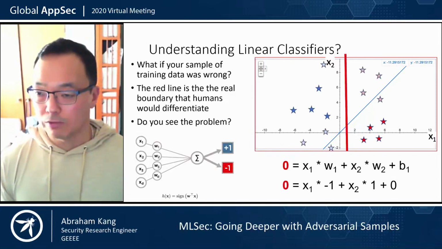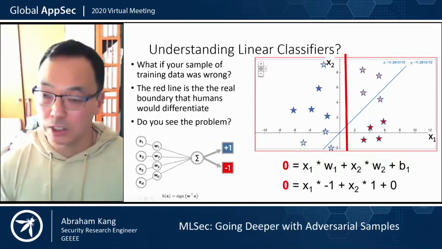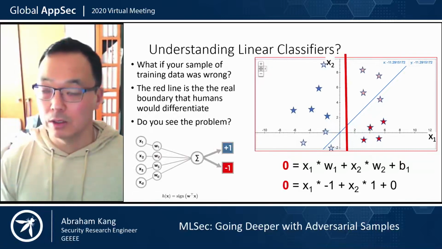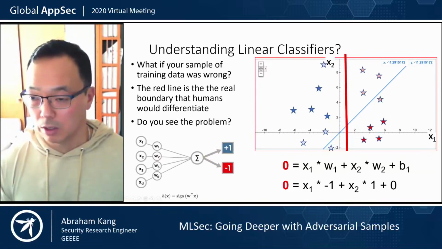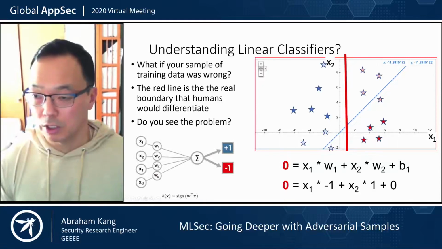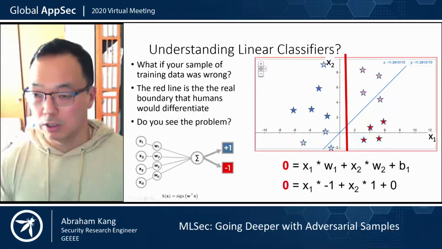Now, when you're thinking about attacking this adversarially, what happens if our training data was missing a lot of valid training points? If you look at these light blue stars, they're associated with training data in the positive class, and the light red or pink stars are missing training data in the negative class. If we had this training data, the real boundary would be here.